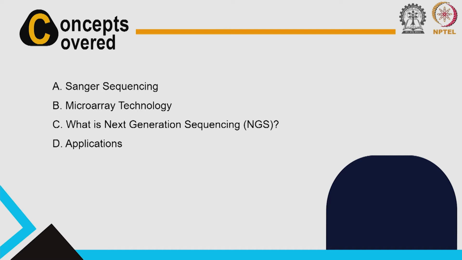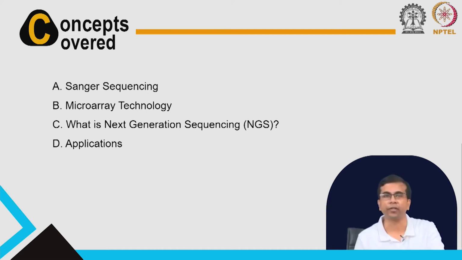So, let us begin. This is the agenda for today's class. We will start with the Sanger sequencing method. This is the first direct sequencing method that was available. We will talk about microarray technology. This is a high throughput method that allowed some degree of mutation identification and gene expression analysis.